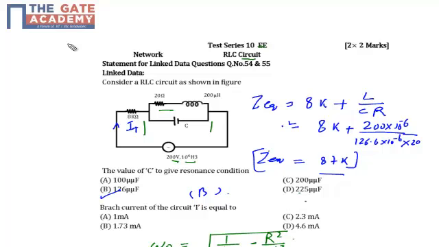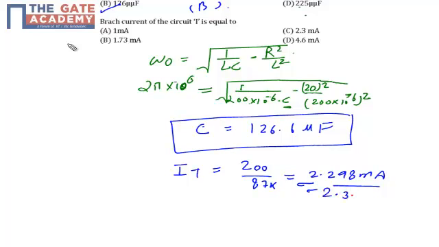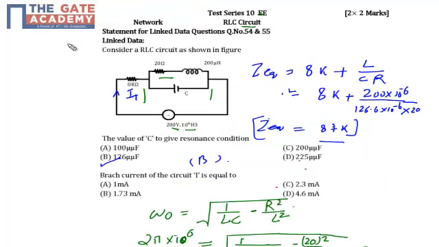We know the Z equivalent and the supply voltage of 200 volt, so we can easily calculate the current I. My IT will be equal to 200 by 87K, which is 2.298 milliampere, approximately 2.3 milliampere. So for the second question, the correct option is option C. For the first question, option B is the correct option. For the second question, option C is the correct option. That's all. Thank you.